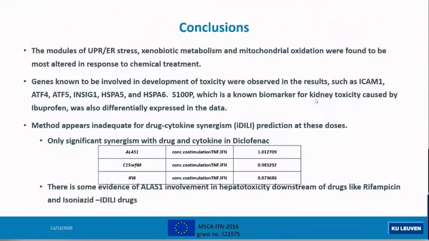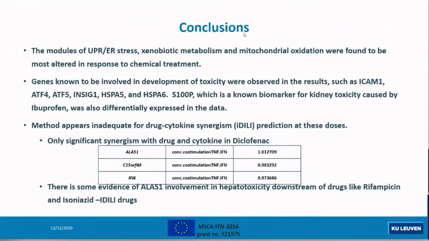So in conclusion, I have the modules of UPR, ER stress, xenobiotic metabolism, and mitochondrial oxidation found to be most altered in response to chemical treatment, and this is well known from existing literature. And the genes involved in development of toxicity were observed in the results as well, such as ICAM1, ATF4, ATF5, HSPA5, and 6 were observed in amiodarone and diclofenac, and even in ibuprofen, and this is also known.